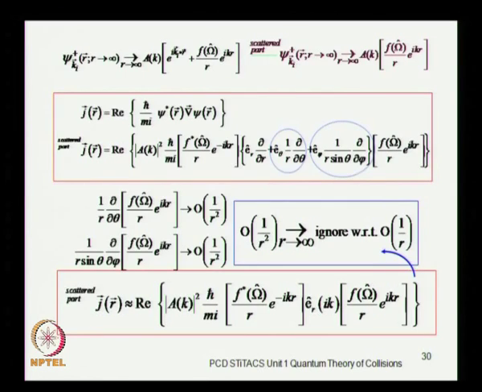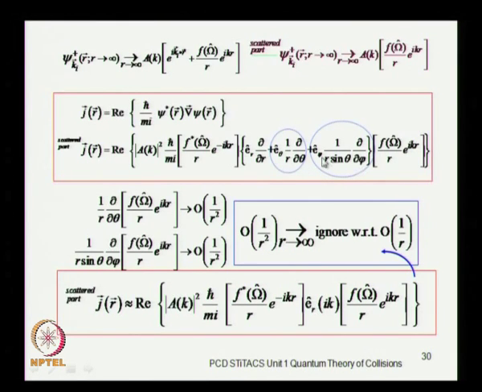So this scattered part of the current density vector will be the real part of the complex conjugate of the function, which is f star over r e to the minus I k r. These two terms are making no contribution, because their contributions are of the order 1 over r square.